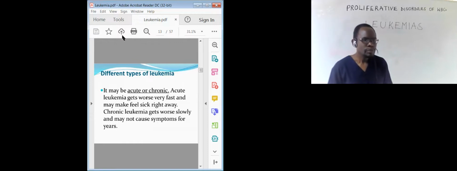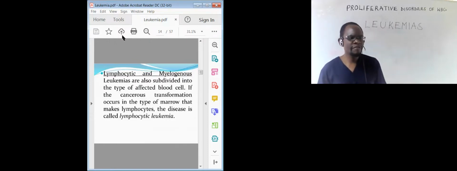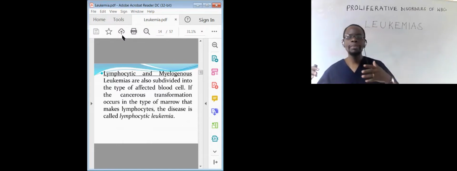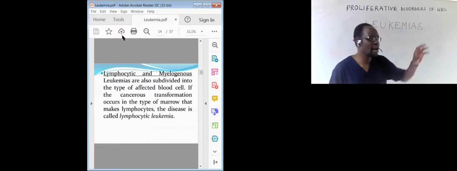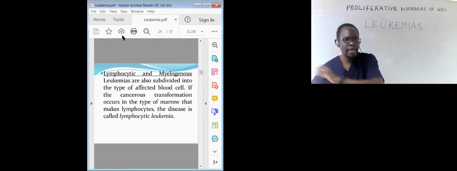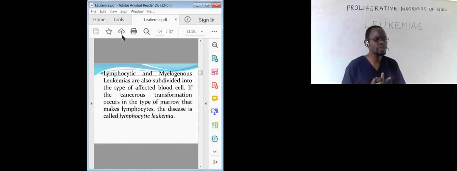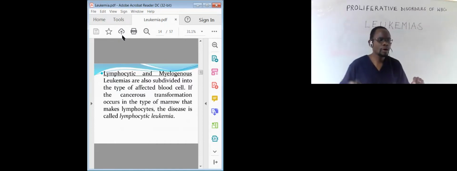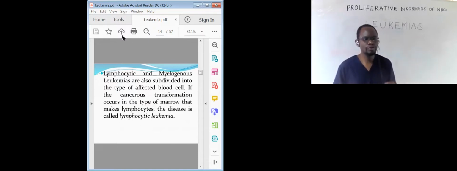All right. So it is also very important for you to know lymphocytic and myelocytic. Remember, we said the lymphoid and the myeloid. So they can also be subdivided into myelocytic or lymphocytic. I don't want you to be confused about that.